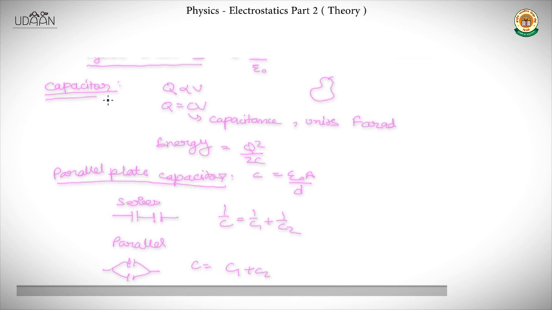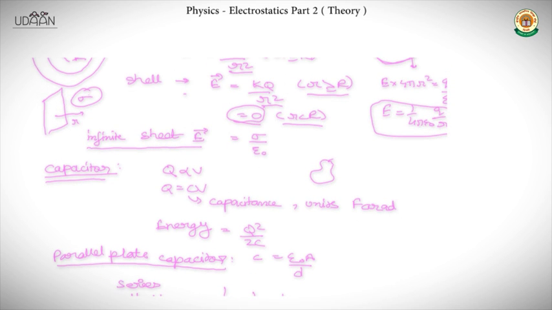In the infinite sheet, the direction of the electric field is away from the sheet, perpendicular to the surface, parallel to the area vector. If the point is here, then E bar will be like this.